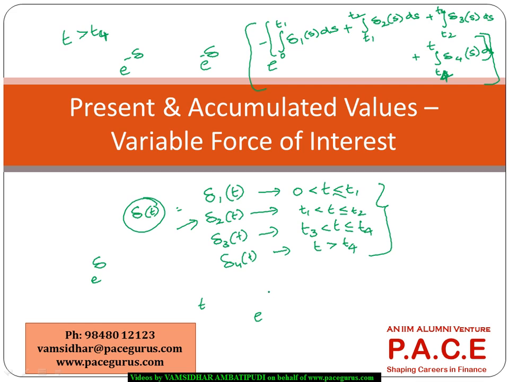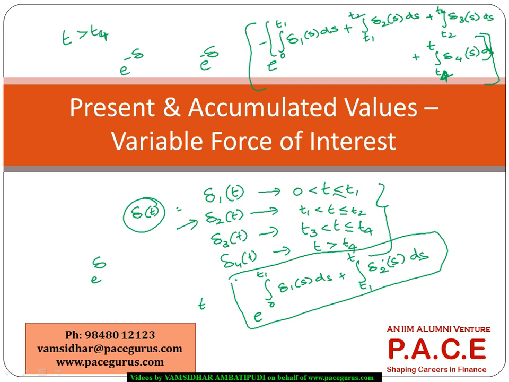Again, only those two terms will be used: 0 to t1, delta 1 s, and t1 to only t. I will not go to t2 because t is lying somewhere in that group only. So this itself will be my accumulation value. Similarly, when I put minus, this will become my present value.